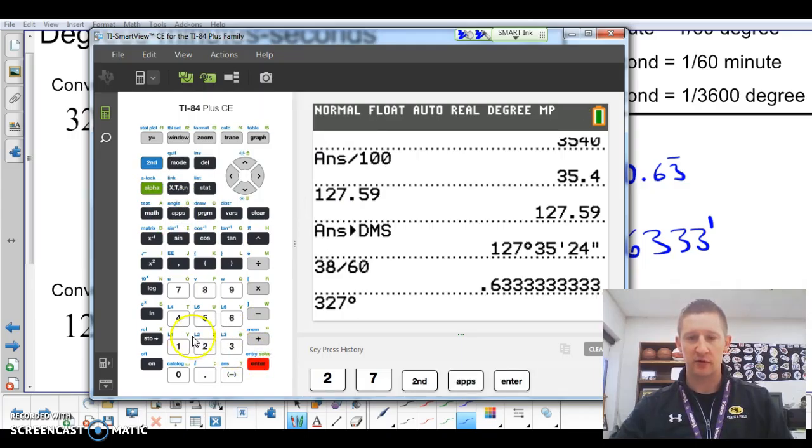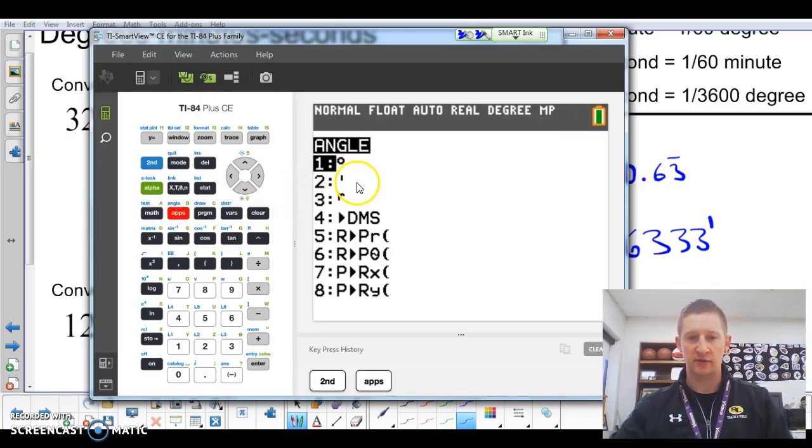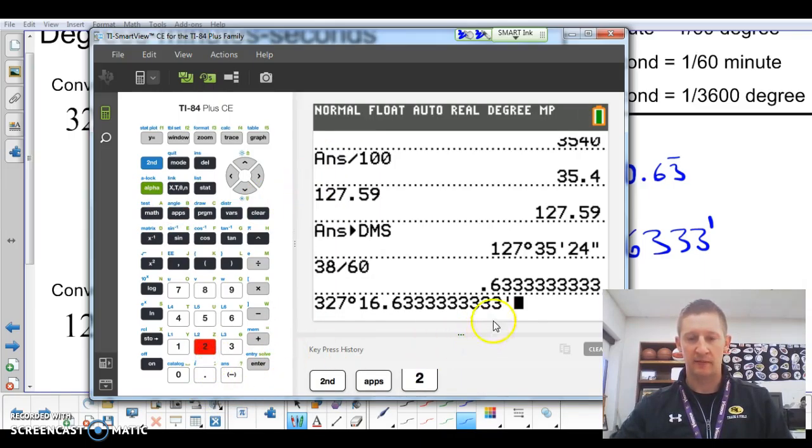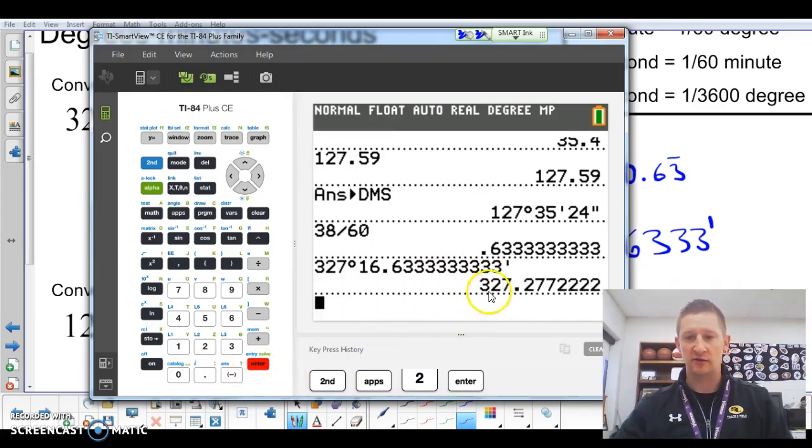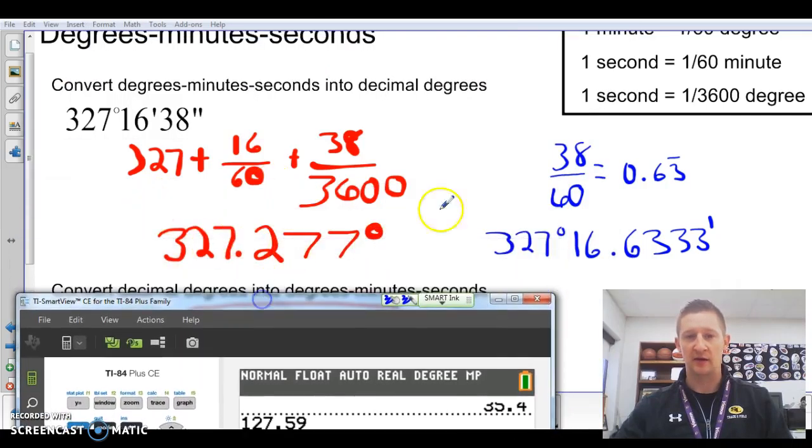So 327 degrees and 16.633333. A bunch of these. And go to the angle menu and choose the second option. That's the minute symbol. So this many degrees and this many minutes. If I hit enter, it should change it into decimal degrees. Oh, look at that. 327.277. Same thing we got doing it by hand earlier.